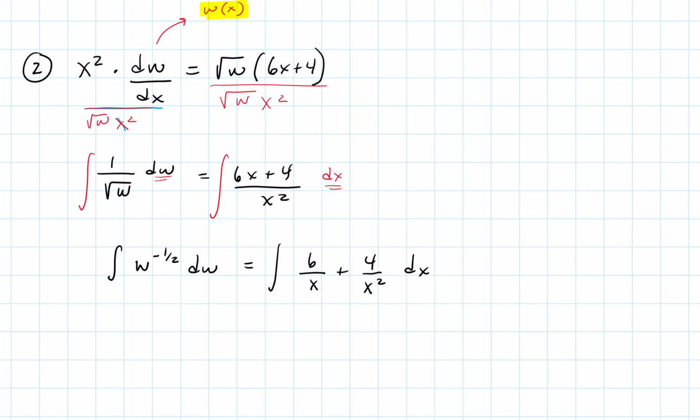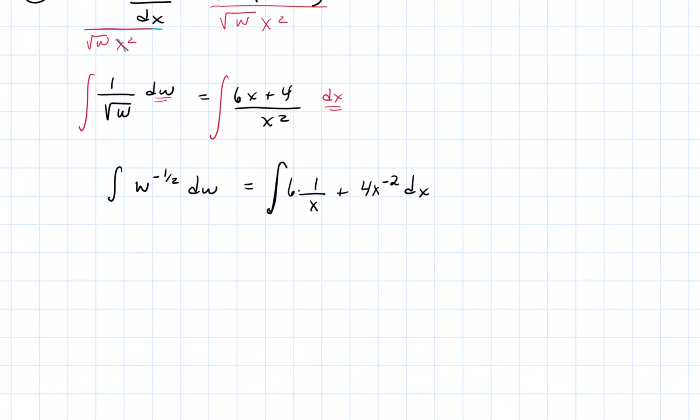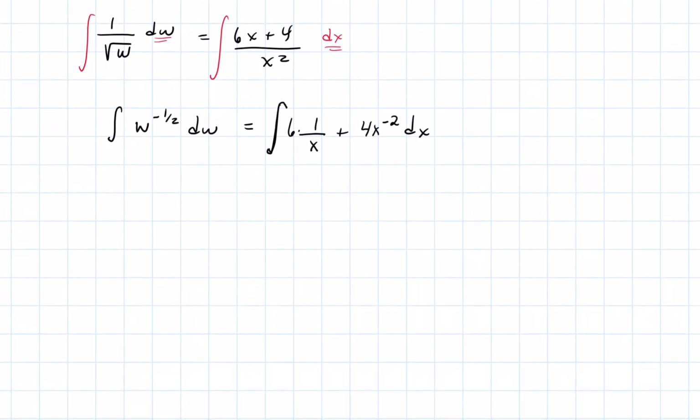And that 4 over x squared, I'm going to write as 4x to the minus 2, so that I can use my power rule. 6 over x would be 6 times 1 over x, which, when we integrate, is the natural log of the absolute value of x. So we've set ourselves up for the integration.